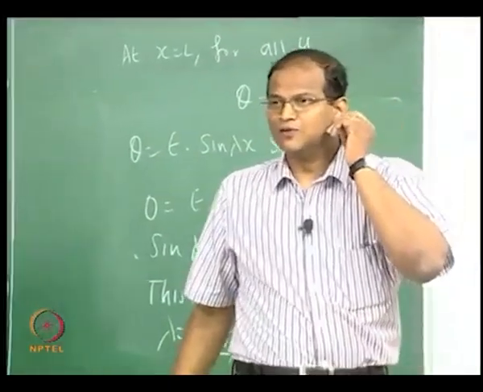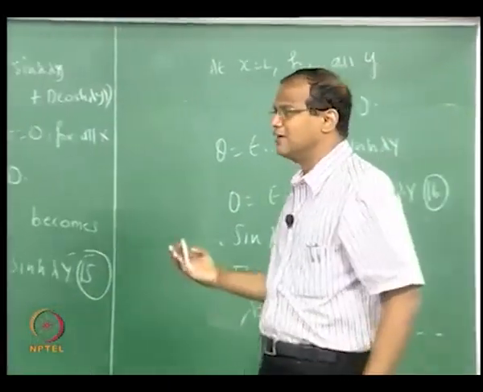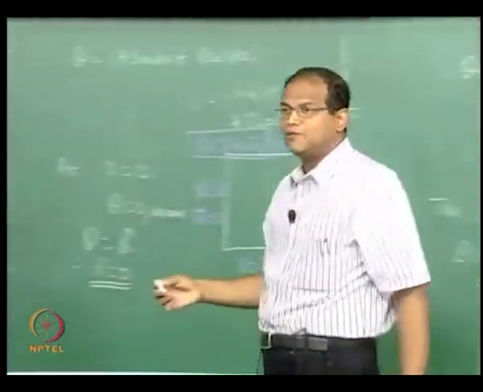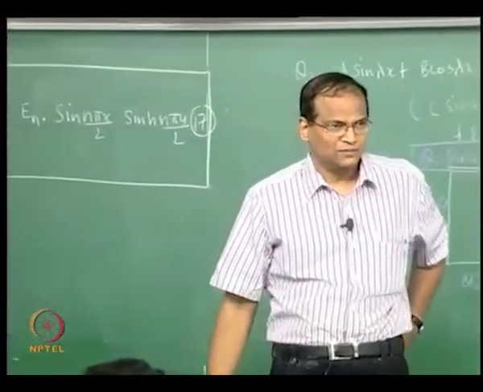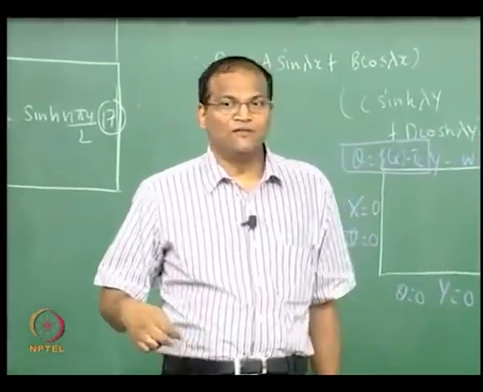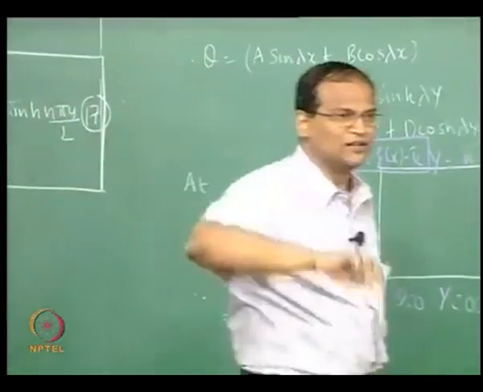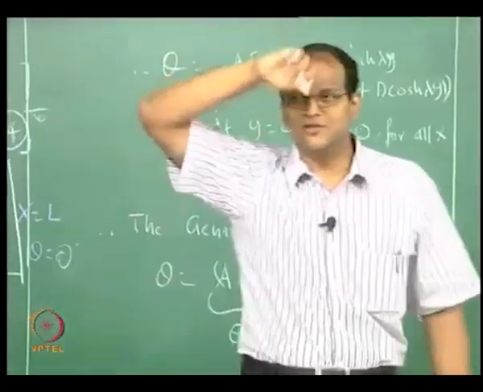Now we started in a very simple way, and now it has come to this stage. Now to get this En, we have to substitute the last boundary condition, that is at the top there is a non-homogeneity.